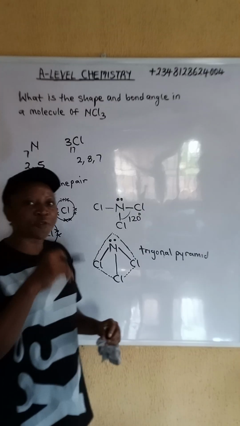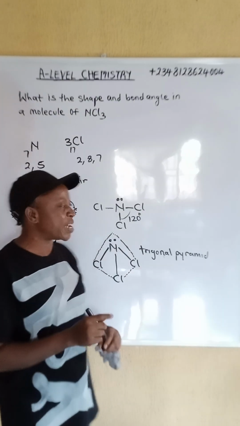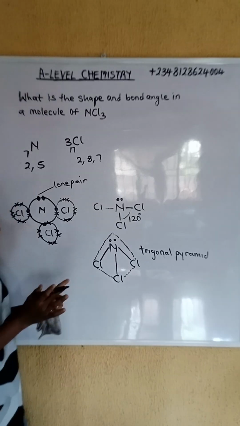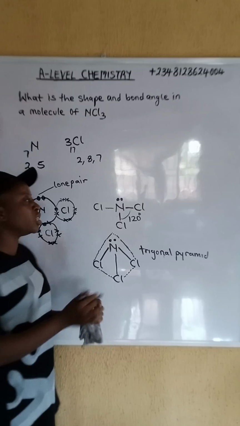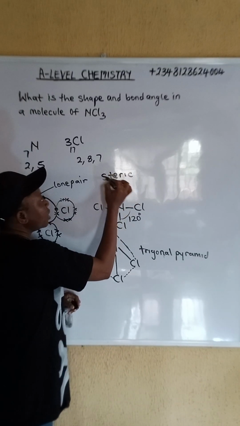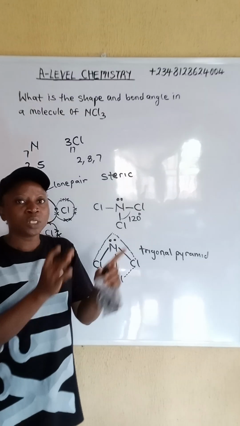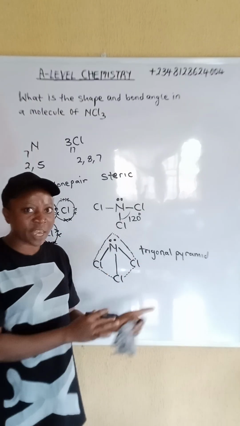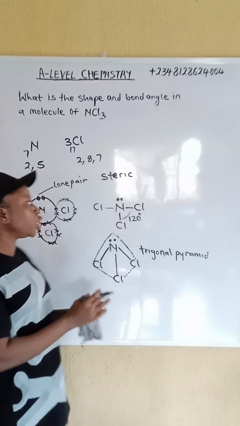Then what type of hybridization? That is another thing you are going to learn. Now calculate the steric number. What do I mean by steric number? Steric number is the sum of the bonding pairs and the lone pairs.